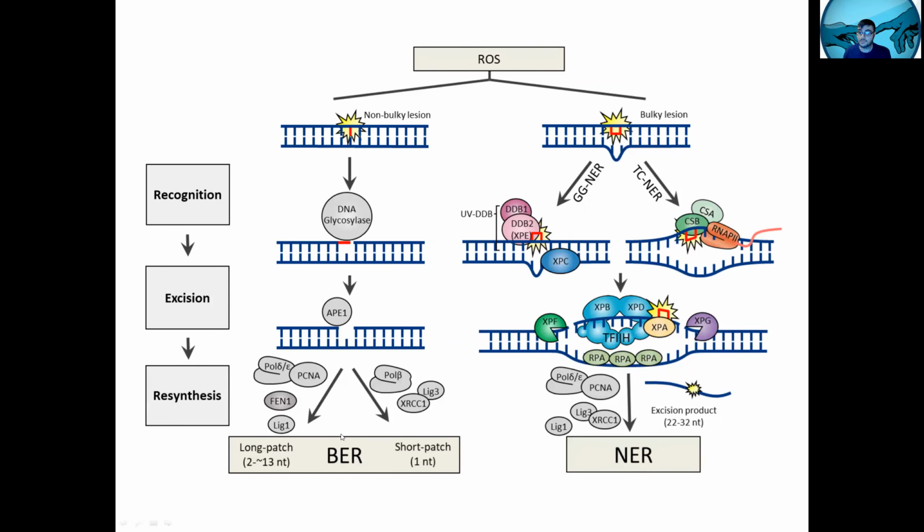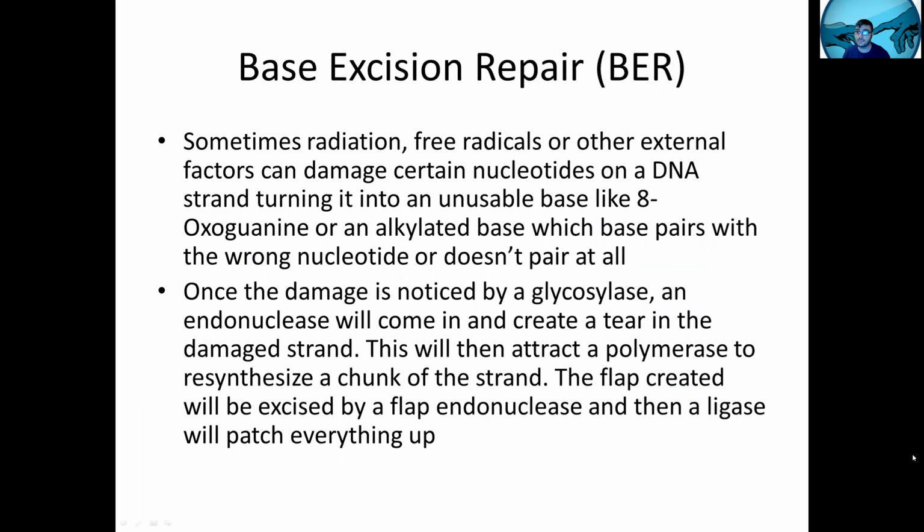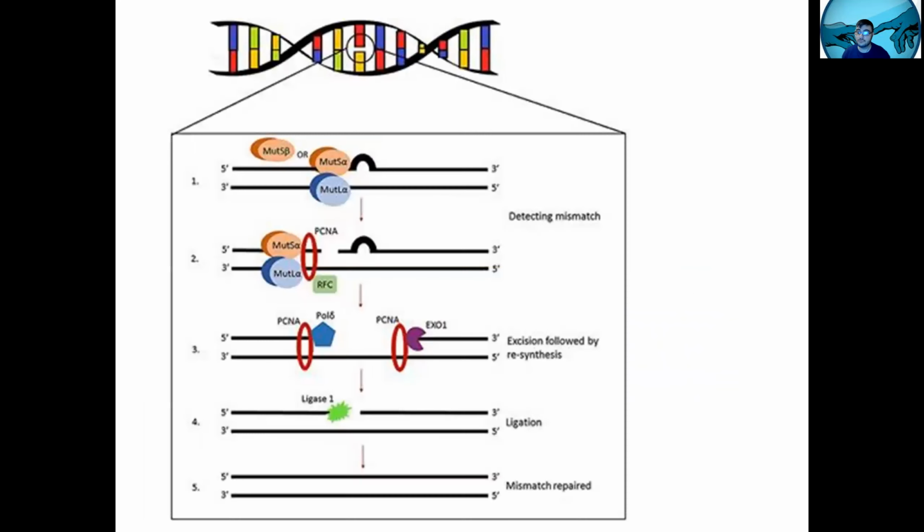Notice how base excision repair, nucleotide excision repair, and mismatch repair all use DNA polymerase to just rewrite it and try again. They do that because they can read the second undamaged strand and use it as a blueprint to recreate the original strand.